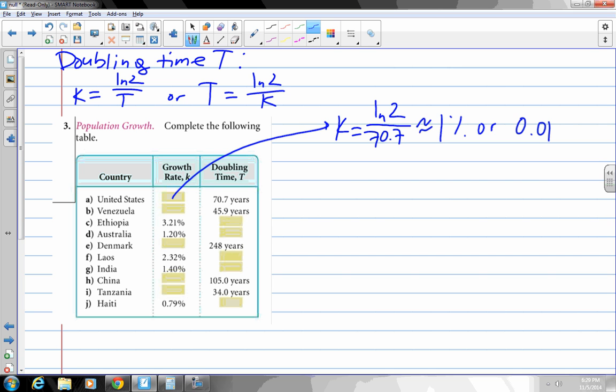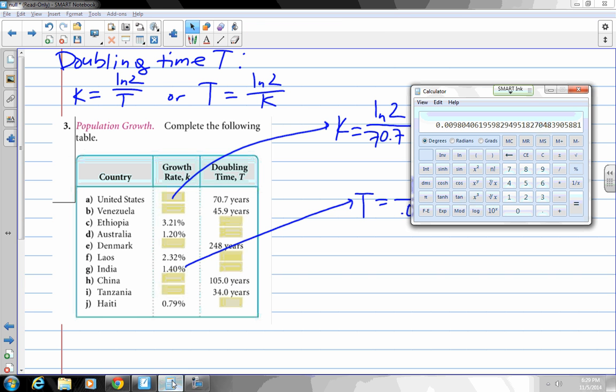Oh, we can do, what is that? Is that India? We know the rate for India. Find the doubling time for the population of India. So doubling time will be natural log of 2 divided by 0.014. So we'll know how long it takes for the population of India to double.